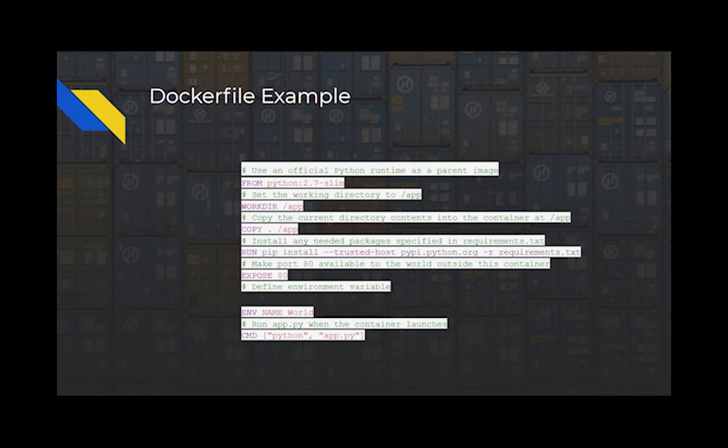Basically, just set the working directory that you want to be pulling your files from. COPY, you have your period here, which specifies use the current directory to copy files from. RUN, you're installing pip. There are some other flags here that I won't get into, but you'll probably see a lot more flags with Wyatt's presentation.